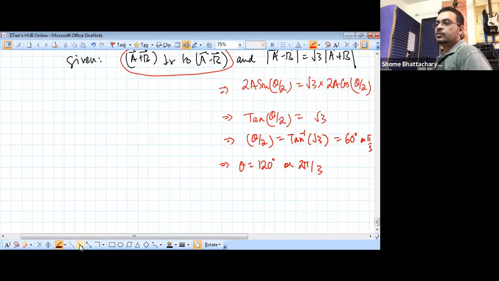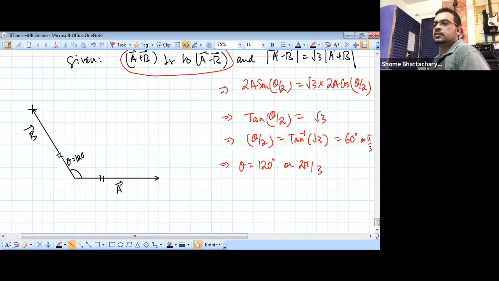Though the diagram is not required, this is enough to solve the question, but you'll also understand the logic of the question by visualizing the diagram. It's an obtuse angle between A and B, and that is why the secondary diagonal, which is A minus B, is longer in comparison to the primary diagonal. So theta is equal to 120 degrees.